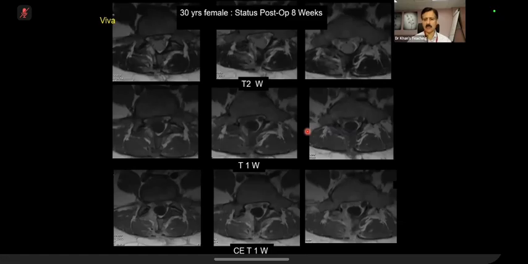But lesser beings like myself, we give contrast actually. And in my department, we usually give contrast for about 2 years or so. And after that, there might not be any role of contrast. So to differentiate fibrosis versus recurrent disc, that is the point here.